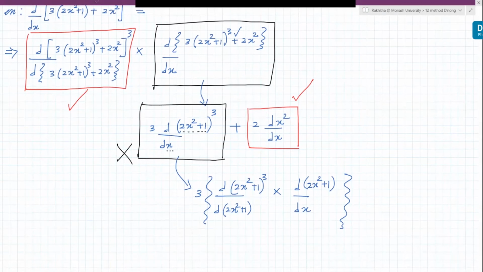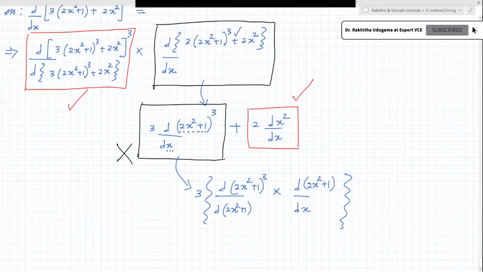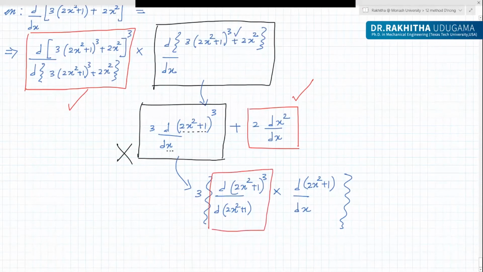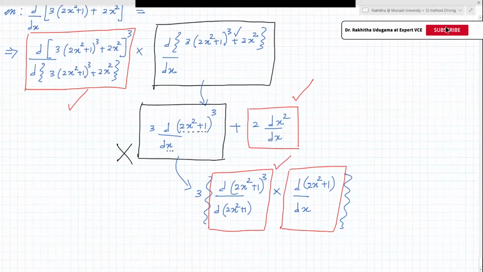Now, if you look at this block, that block is all right. What about this block? This block also all right, right? Why? Because you can split it. So this also all right.